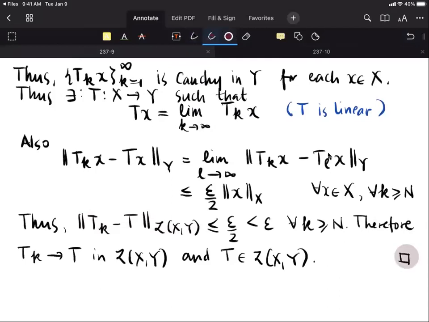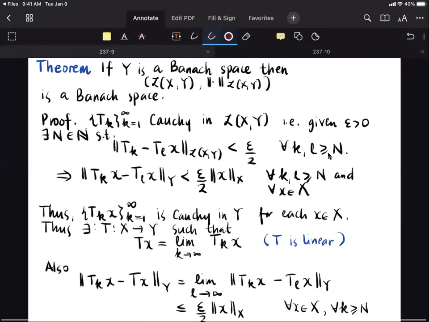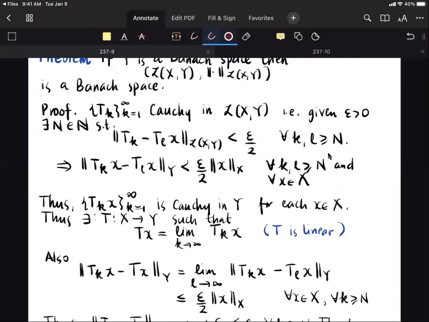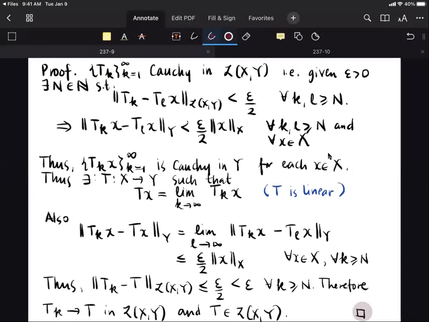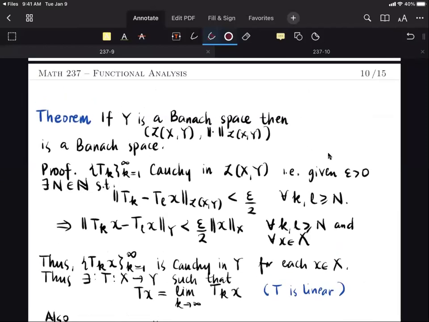So the chosen Cauchy sequence converges to an element in L(X,Y). Since this is an arbitrary Cauchy sequence in your space of bounded linear operators, that vector space is a Banach space when equipped with the operator norm.